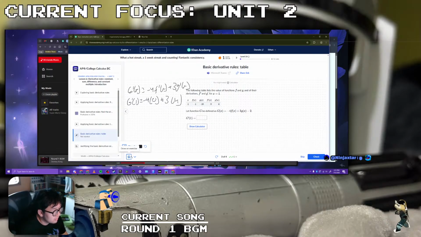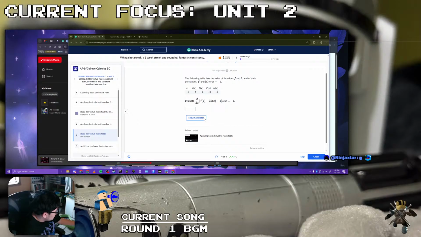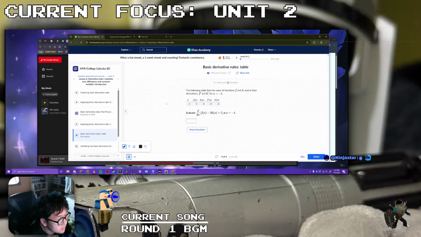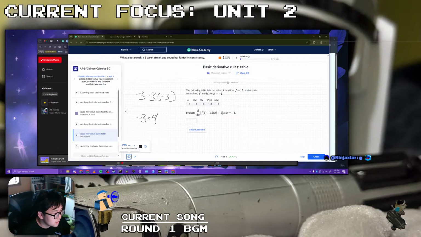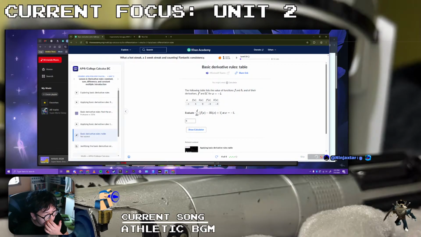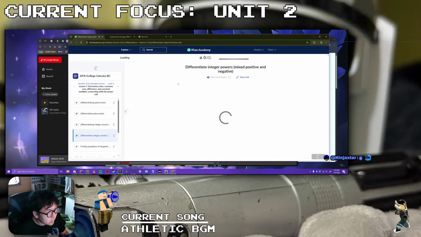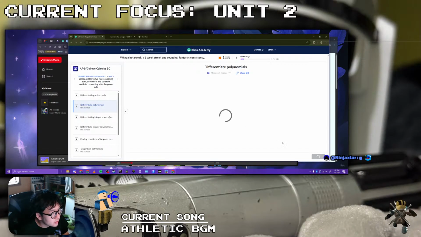It's gonna equal 12. I don't feel like showing my work this time, so I'm just gonna do it in my head. It's gonna be negative 3 minus 3, negative 3, which equals negative 3 plus 9, so 6. I skipped one. There.